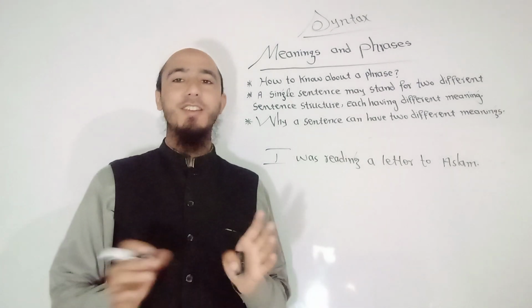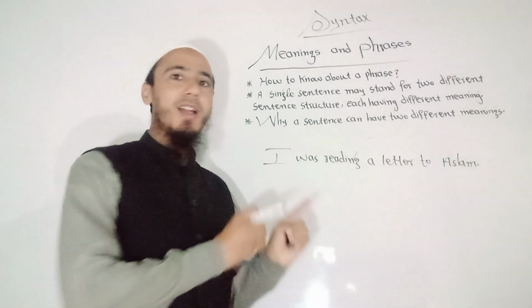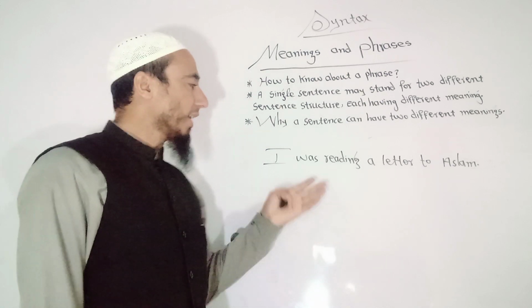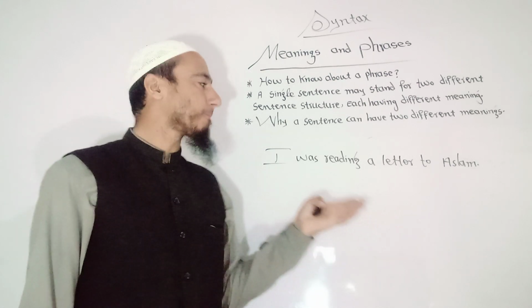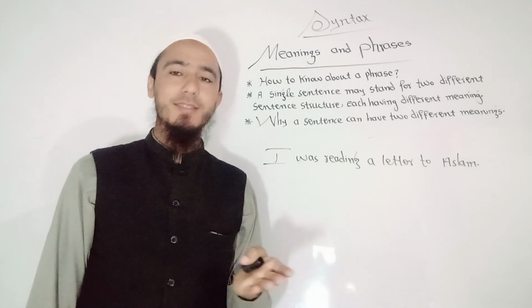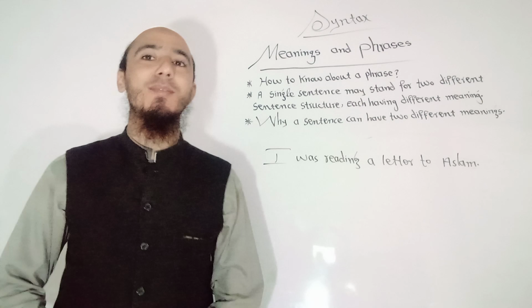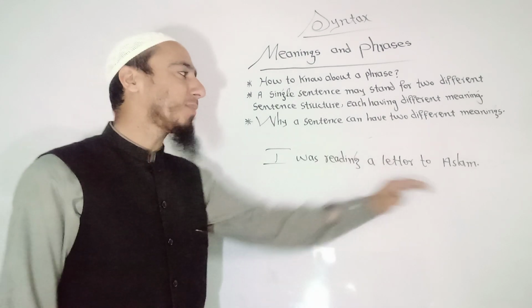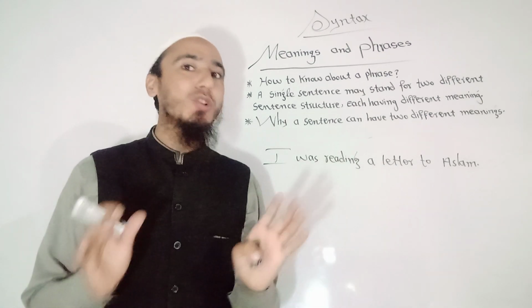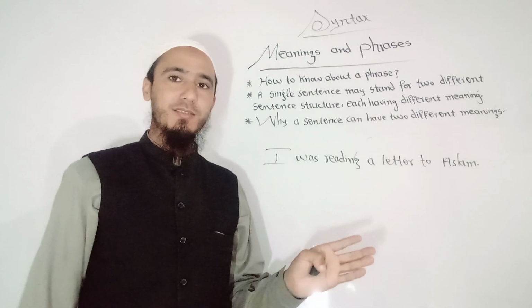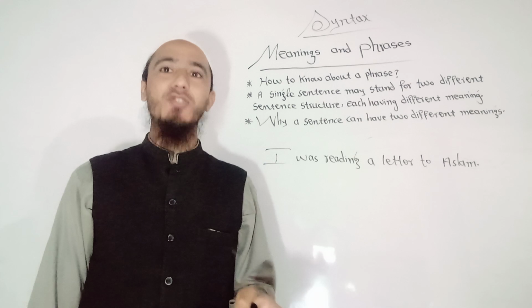First of all, I will come to the theoretical answer and then I will practically explain it. Listeners and audience, actually, a sentence has two different meanings because of what? It is because of two different structures in a sentence. What are the two different structures?